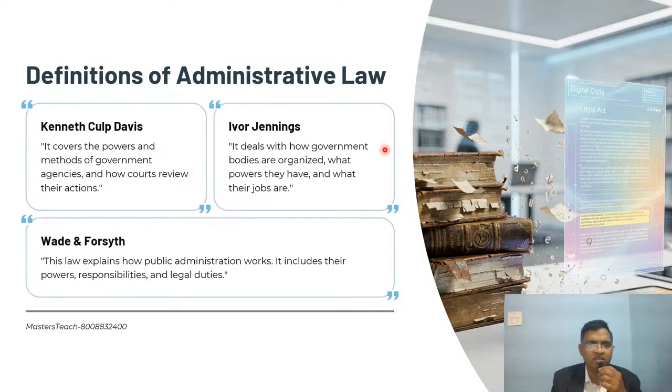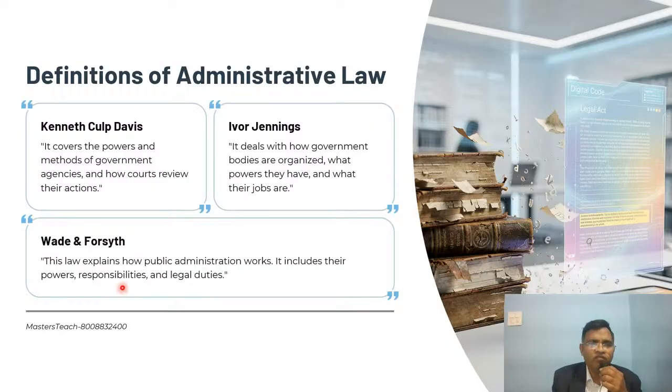Ivor Jennings says it deals with how government bodies are organized, what powers they have, and what their jobs are. Clearly, Jennings says that government bodies should be organized, and what powers they have and what they have to do for the public.